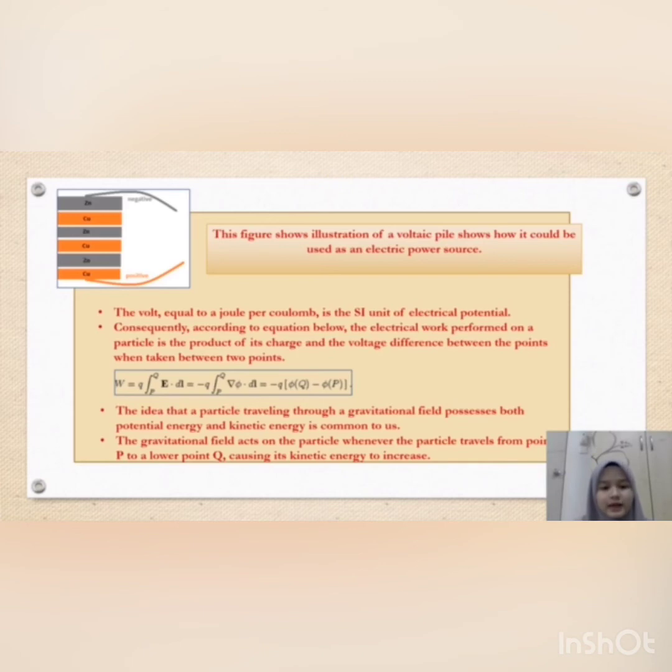The idea that a particle travelling through a gravitational field possesses both potential energy and kinetic energy is common to us. The gravitational field acts on the particle whenever the particle travels from point P to a lower point Q, causing its kinetic energy to increase.